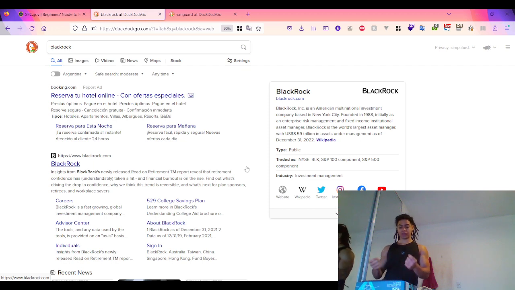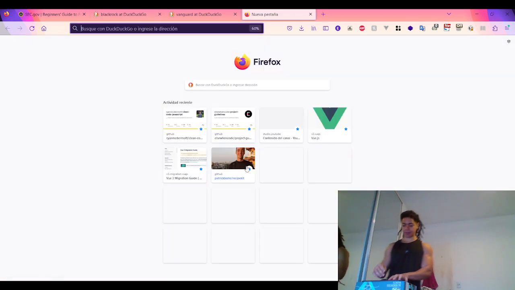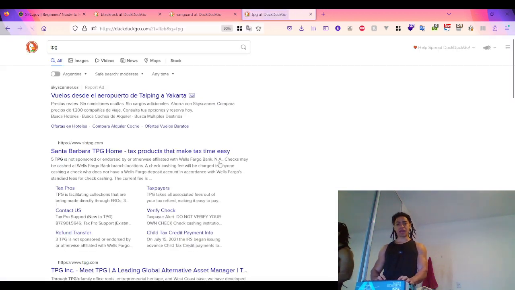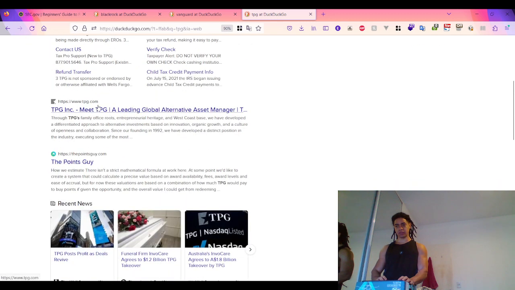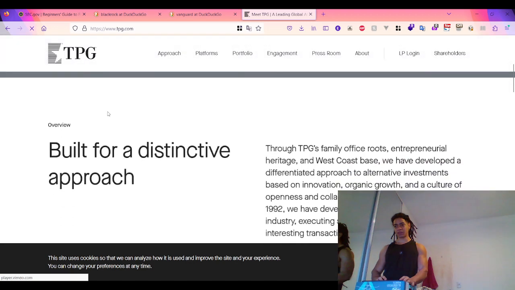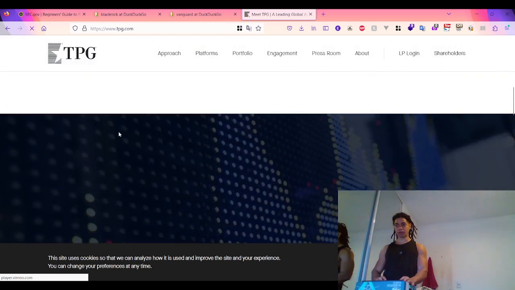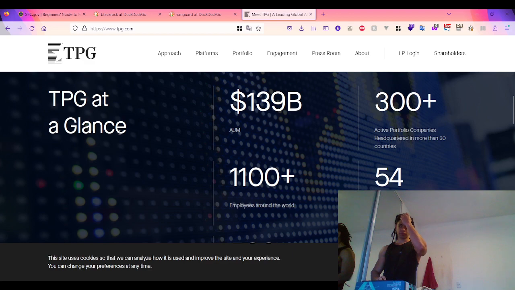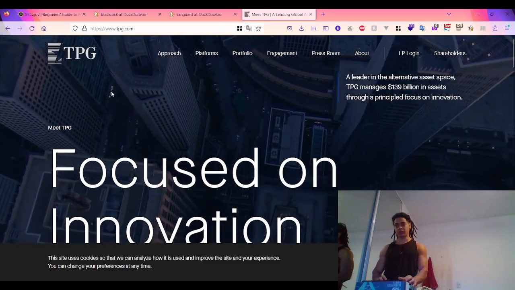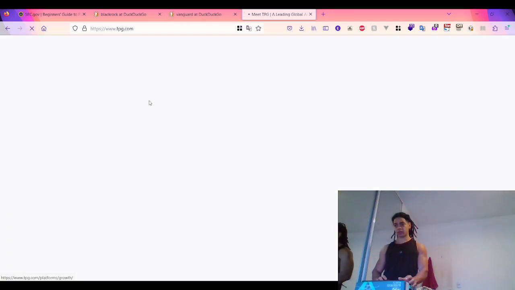Also, you have Texas Pacific Group, or TPG, a private equity firm that invests primarily in different sectors like real estate and healthcare.